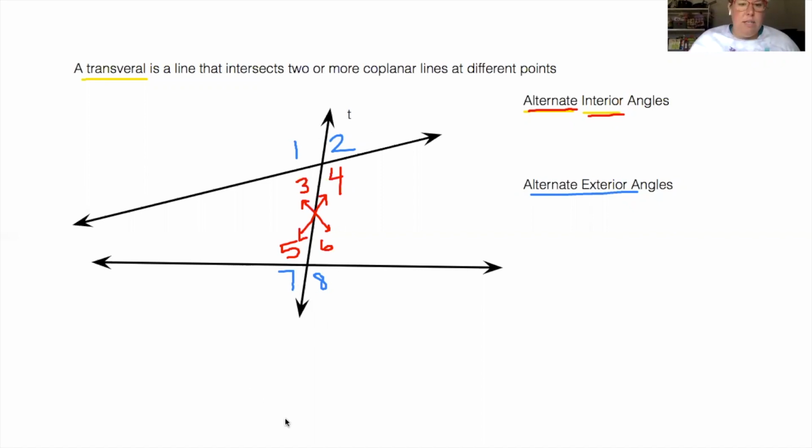So it's important to say that 7 corresponds with 2. They're alternate, and 1 corresponds with 8. Okay, those are, for example, just like 3 and 6 and 4 and 5.